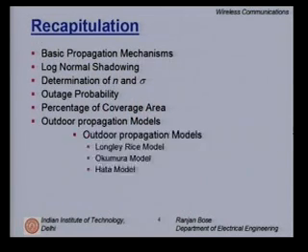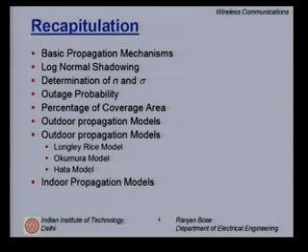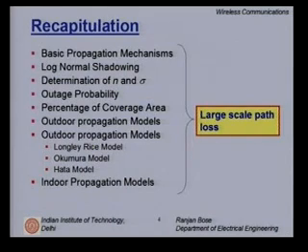Specifically, we looked at the Longley-Rice model, the famous Okumura model, and then the Hata model. We learnt how to do basic examples, how to calculate the attenuation based on certain parameters. Finally, we looked at indoor propagation models. Now please note, all these are a basis of large scale path loss.